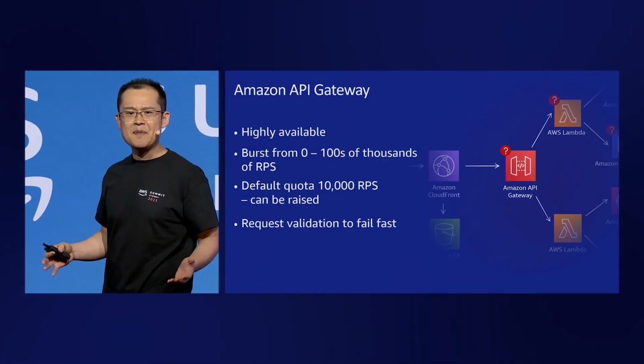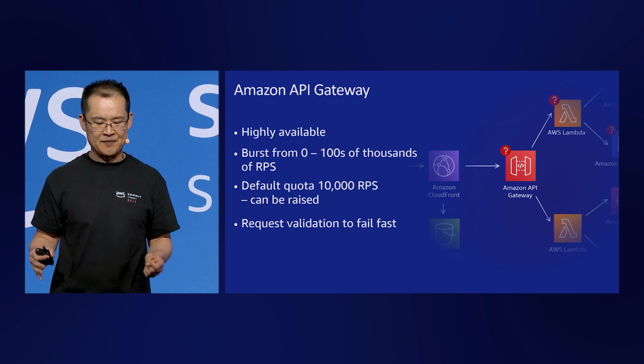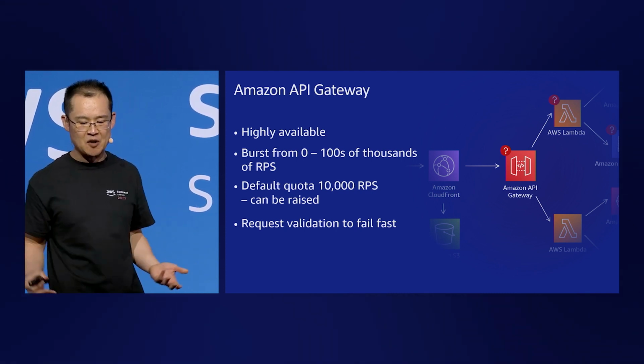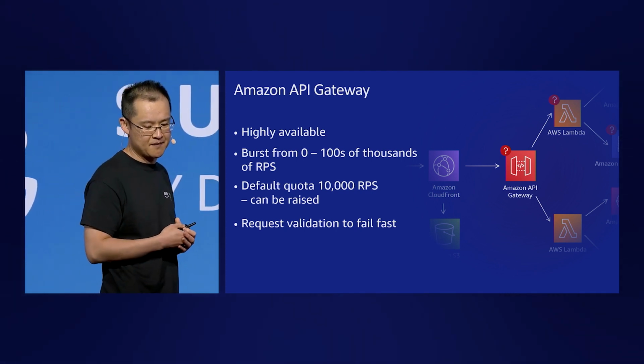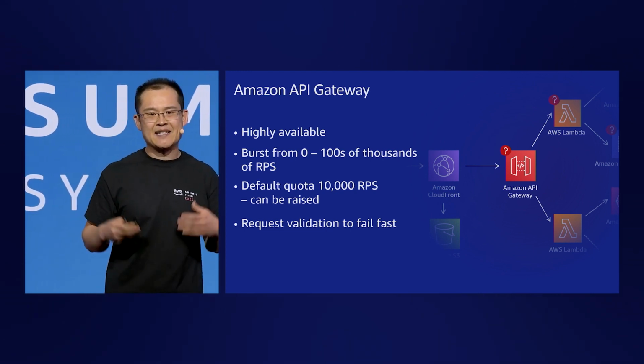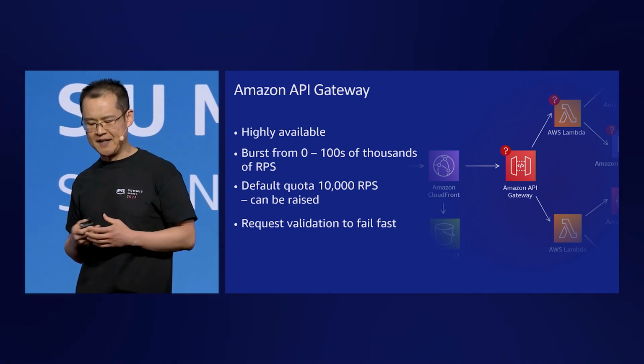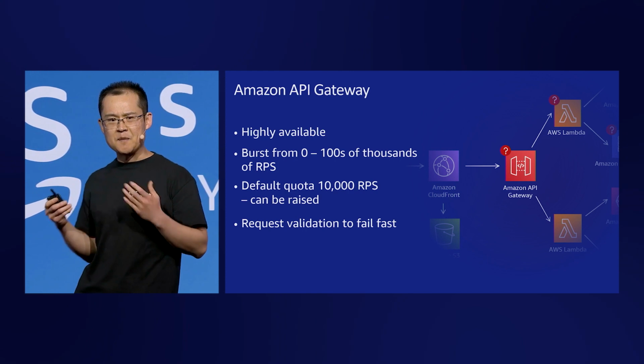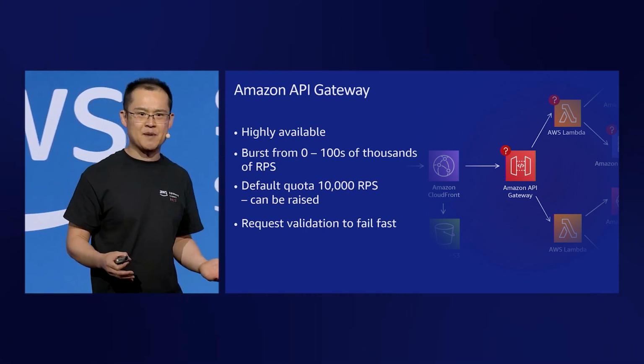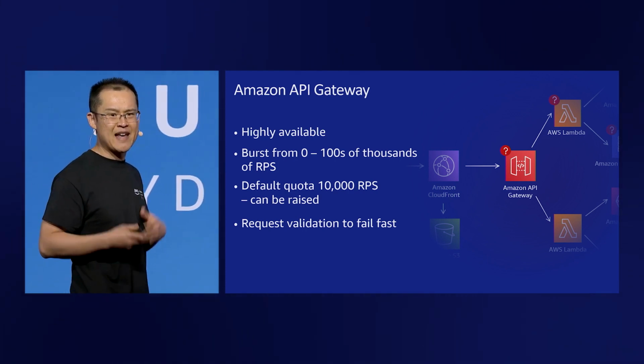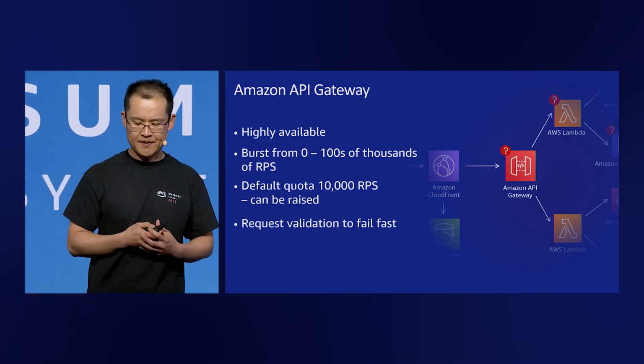Behind the scene, API Gateway is implemented through a full fleet of nodes across different availability zones. As a result, it's highly available and scales very fast. It can go from 0 to hundreds of thousands of requests per second almost instantly without the need to pre-warm it.